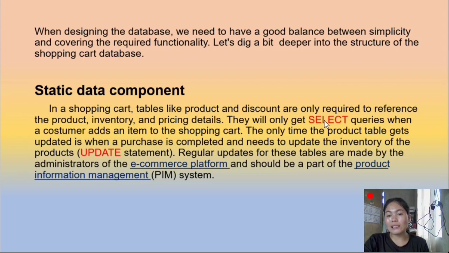They will only get select queries when a customer adds an item to the shopping cart. The only time the product table gets updated is when a purchase is completed and needs to update the inventory of the products. This is called an update statement.